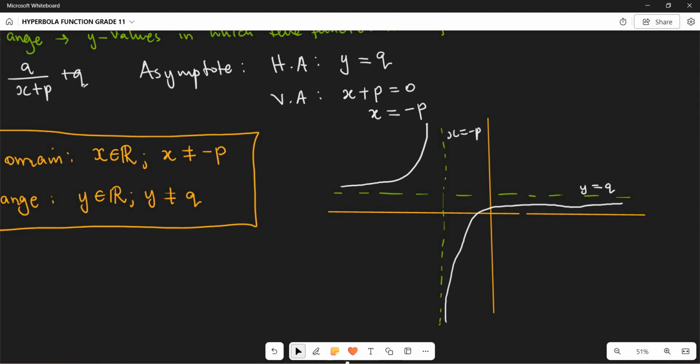With the y values, which we talk about the range, we look at bottom to top. So from the far bottom, we are moving from negative infinity, or rather y values there. So as we go up, we can draw this graph again. Then we can't continue to go up because there is a restriction. Where is the restriction? It is at y is equal to q. And for me to draw the other arm, I will have to lift up my hand again.